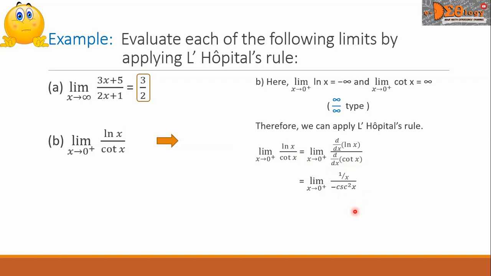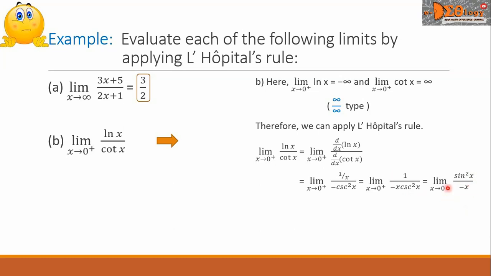When we simplify this complex fraction, we get 1 over negative x cosecant square x. We know that cosecant square x is 1 over sine square x. If we substitute that formula in here and simplify the complex fraction, it becomes sine square x on top over negative x as the denominator.